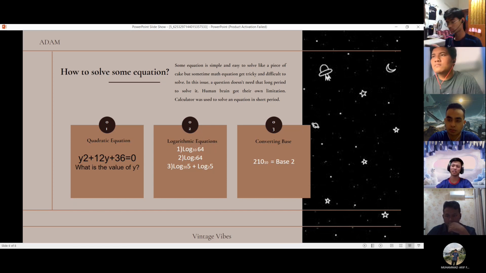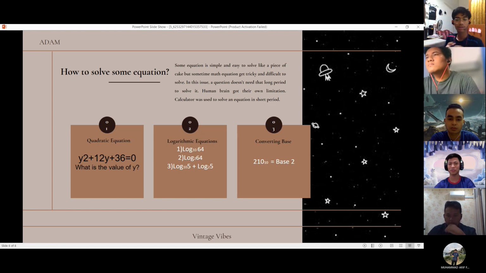Okay, so we move on to our next question, which is converting base. Converting base looks difficult but it's so easy. You just press mode 2 times and we find base n. Press it, and we have a decimal to change to binary. 210 decimal to binary base.